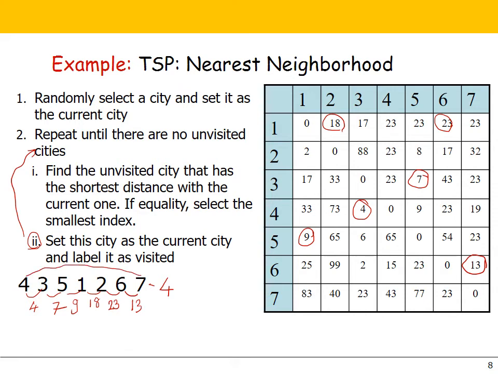So I have written it to the end, and the distance from 7 to 4 is 43. The total objective function value, if you add up these, you will find 111. So this is the so-called nearest neighborhood algorithm. Of course, there are maybe different variations of this algorithm. In the next, we will see an alternative to this one.